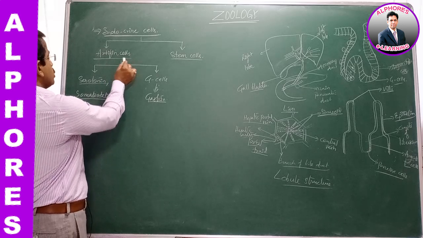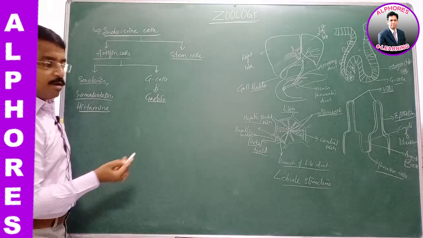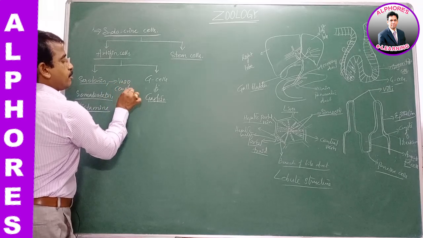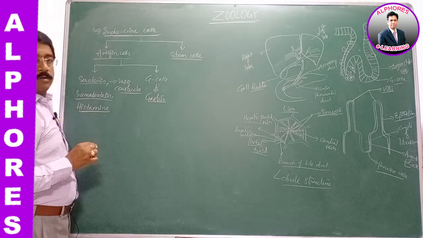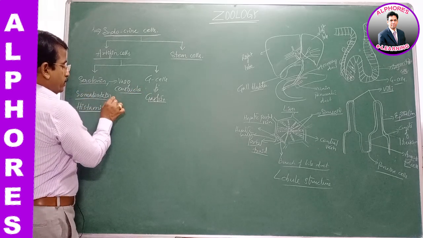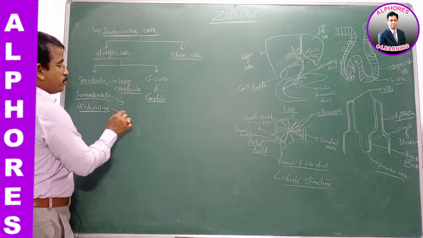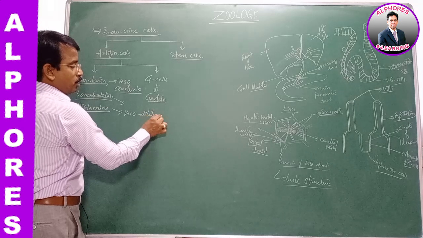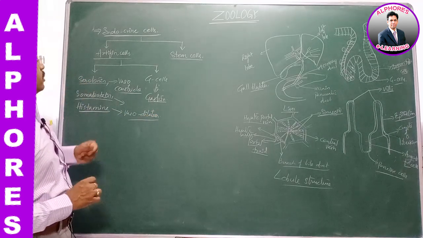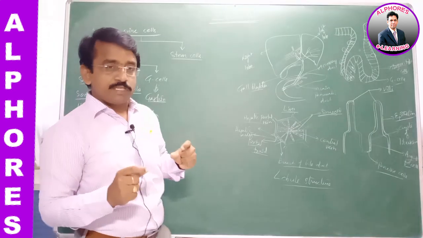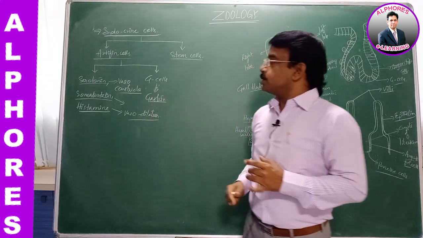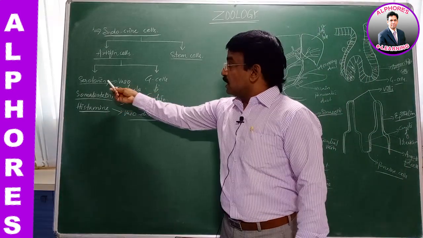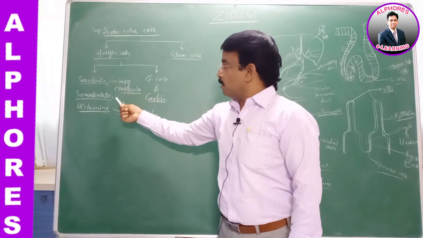The argentaffin cells secrete serotonin, which is a vasoconstrictor; somatostatin; and the third one is histamine, which is a vasodilator. Generally, serotonin constricts the smooth muscles of the blood vessels, so it is a vasoconstrictor.